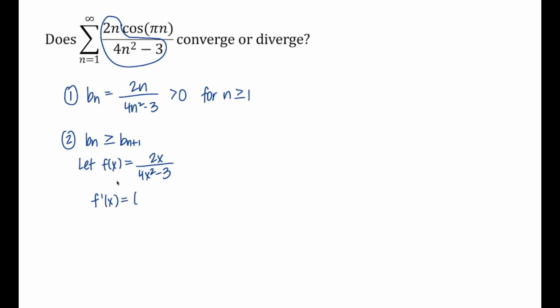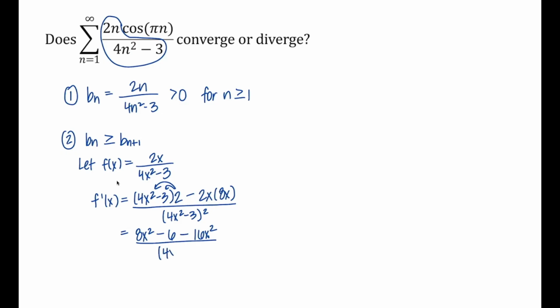F prime of x is 4x squared minus 3, the bottom function, times the derivative of the top, 2, minus the top function 2x, times the derivative of the bottom, 8x, all over the bottom squared. Now in the numerator, I'm going to distribute the 2, and that's going to leave me with 8x squared minus 6 minus 16x squared, all over 4x squared minus 3 squared.